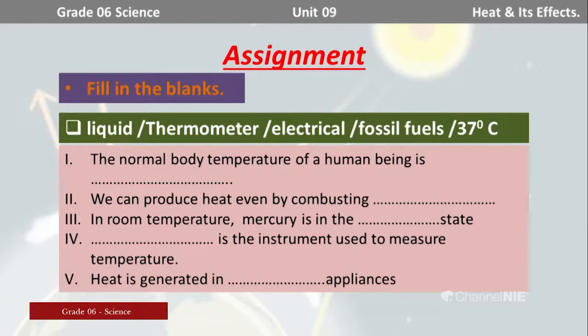These are my questions. The normal body temperature of a human being is blank, you have to fill in the blank. We can produce heat even by combusting blank. In room temperature, mercury is in the blank state.